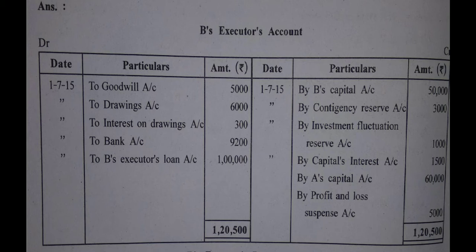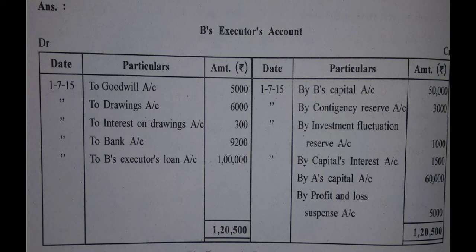What about the remaining amount? Firstly, what is the remaining amount? 1,09,200 minus 9,200. So the remaining amount is 1 lakh, which is the loan of B's executor. Because they have instructed that you are supposed to pay only 9,200 in cash for now.